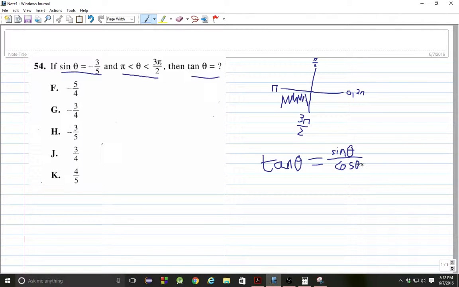Now the question is, how do we find cosine of theta? Well, let's imagine a triangle over here. We have angle theta, and it's actually in the other direction because it's negative 3/5, so let's redraw that.